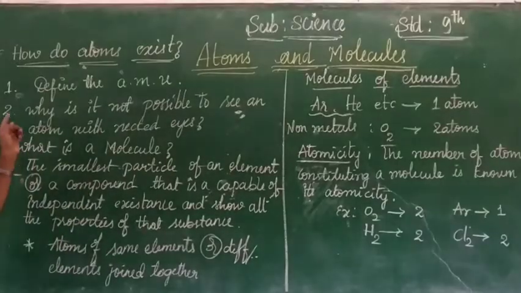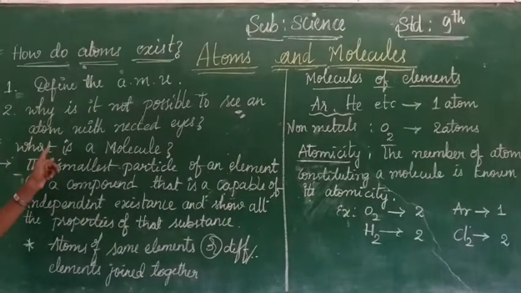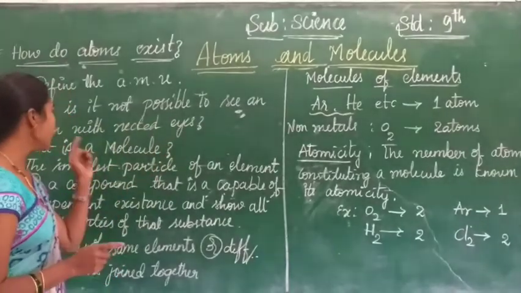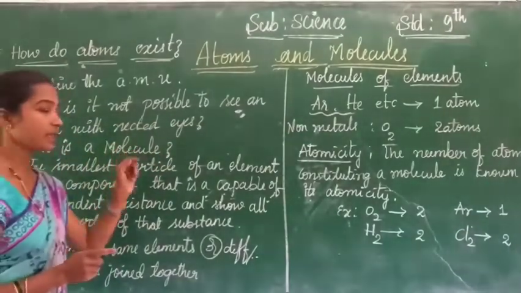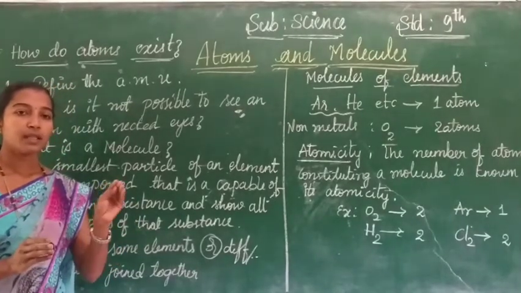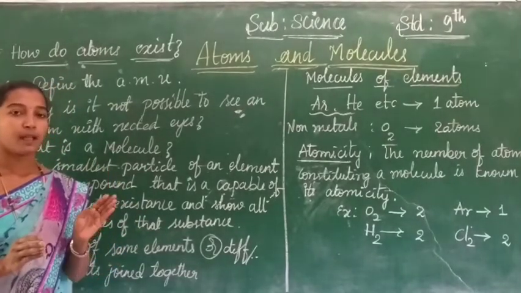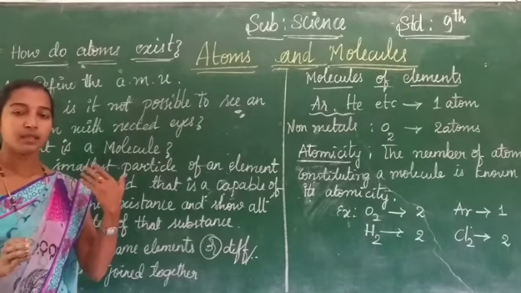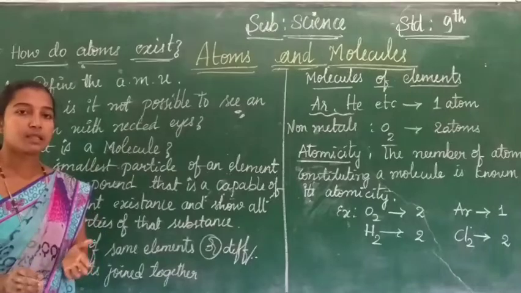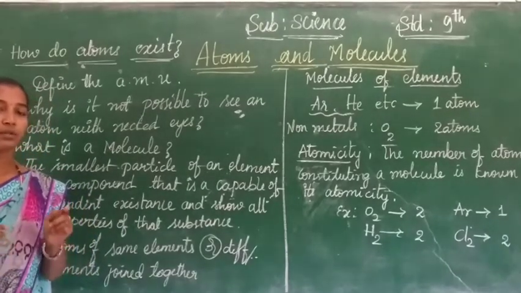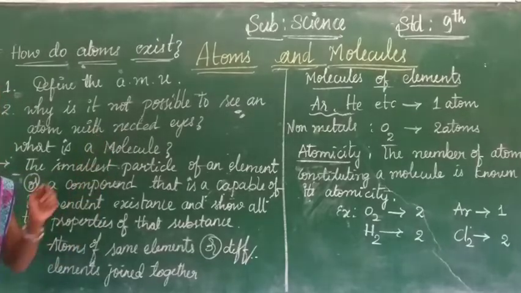The second question is, why is it not possible to see an atom with the naked eye? We know that atoms are very small in size and cannot be divided further. For that reason, we cannot see them with our naked eye. Answer these two questions yourself.